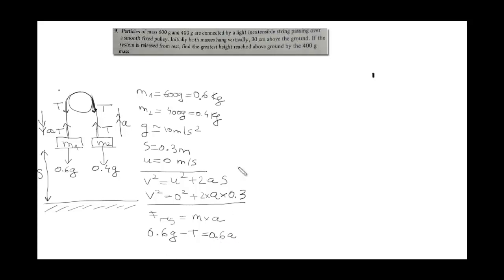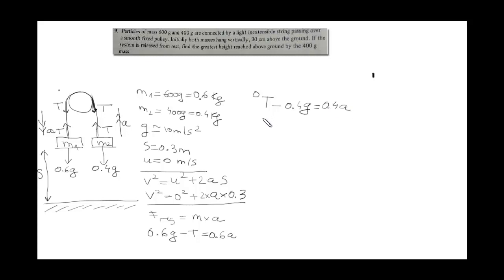In the same way, for the second particle, we can write T minus 0.4 g equals 0.4 a.